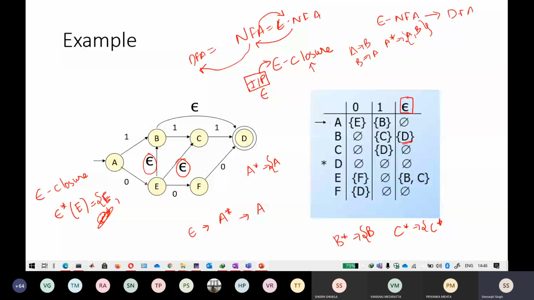After that, from E you can reach B, and you can reach C. So that will be the epsilon closure of E here. So on getting an input of epsilon, the states you can reach are automatically included in the closure. Also, if I have to calculate this on this state, that state is already included in it. Keep that in mind. This is one of the main steps.